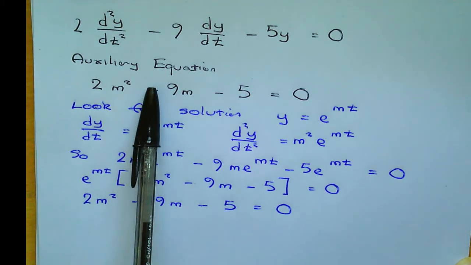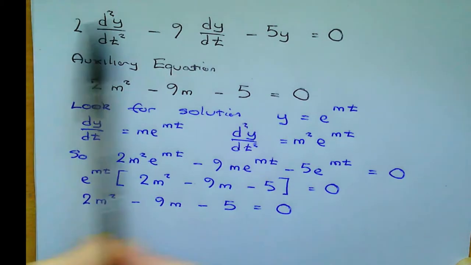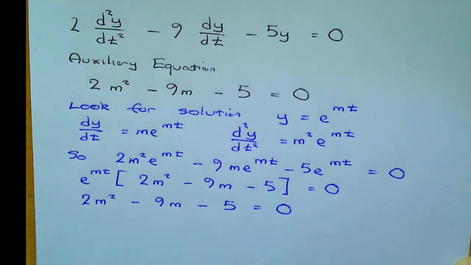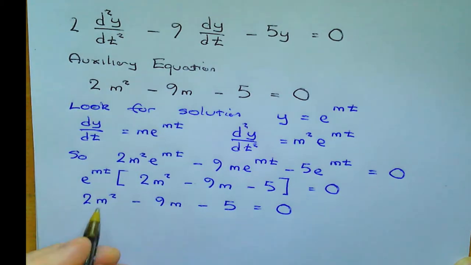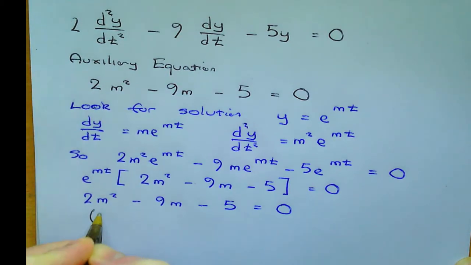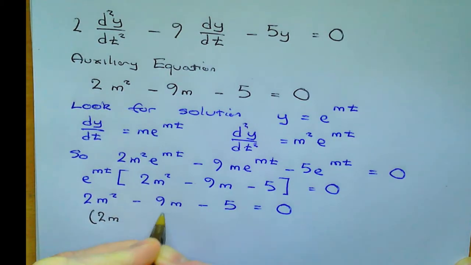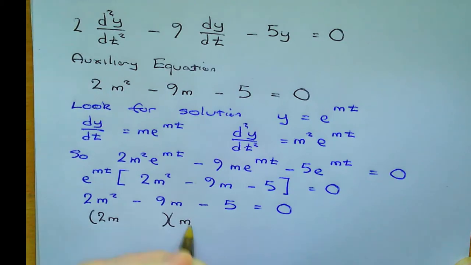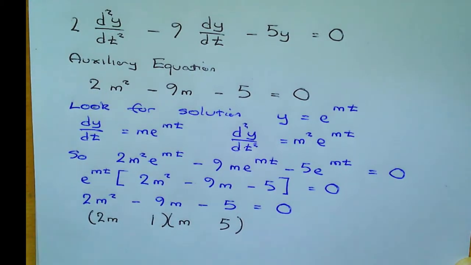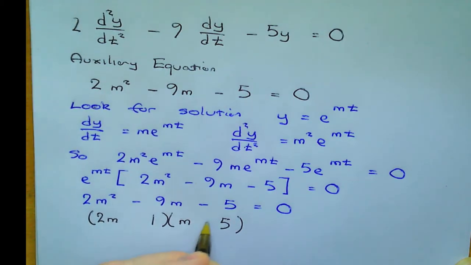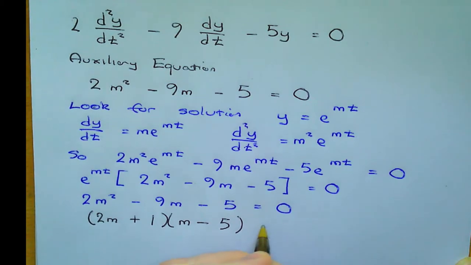Here, we simply wrote it down on the basis of the coefficients of our original equation, and generally that's what we will do, but we did justify it in this case. So here is our auxiliary equation. It factorizes: 2m, and in m we'll have a 1 and a 5, minus 10m plus m gives us our minus 9m.